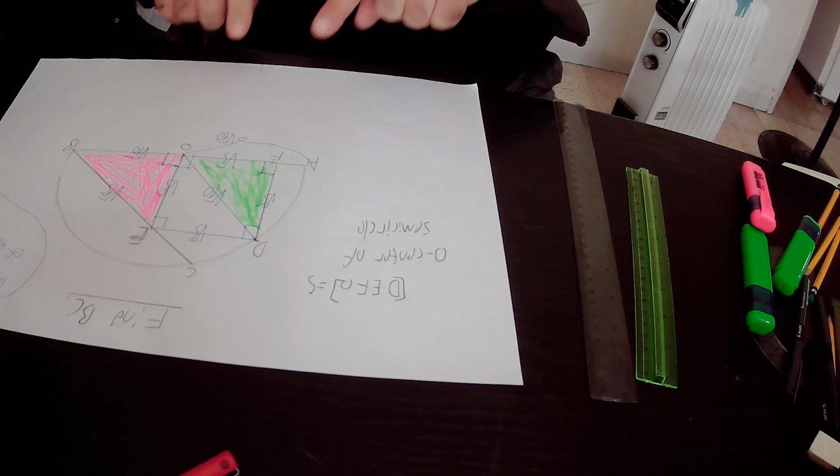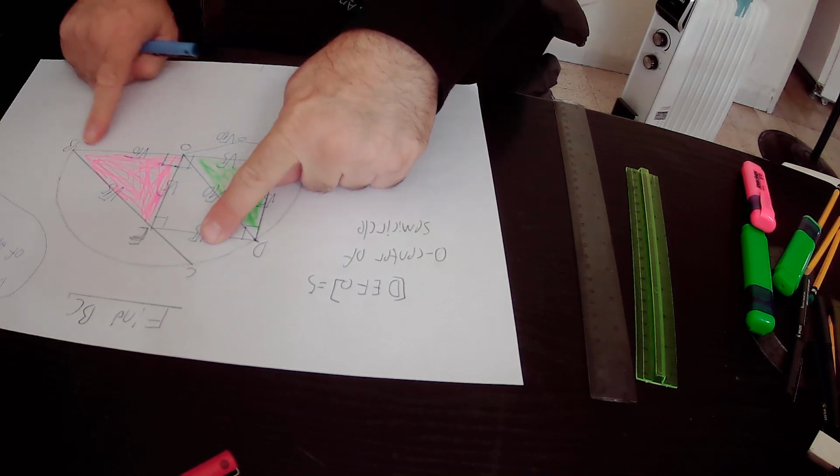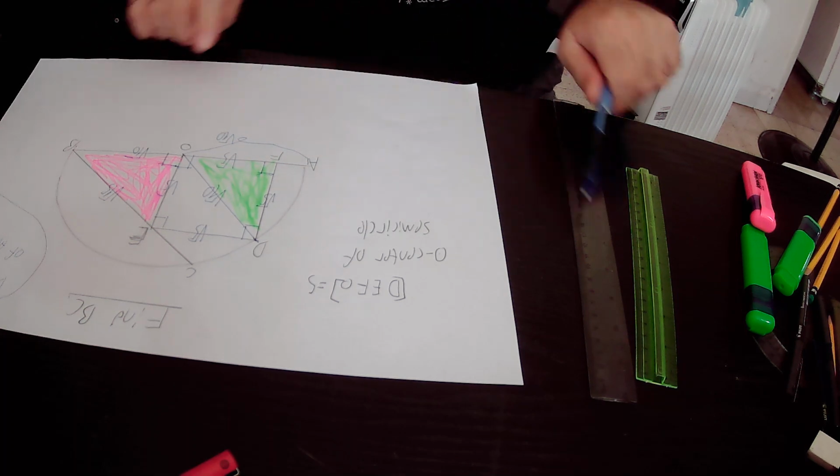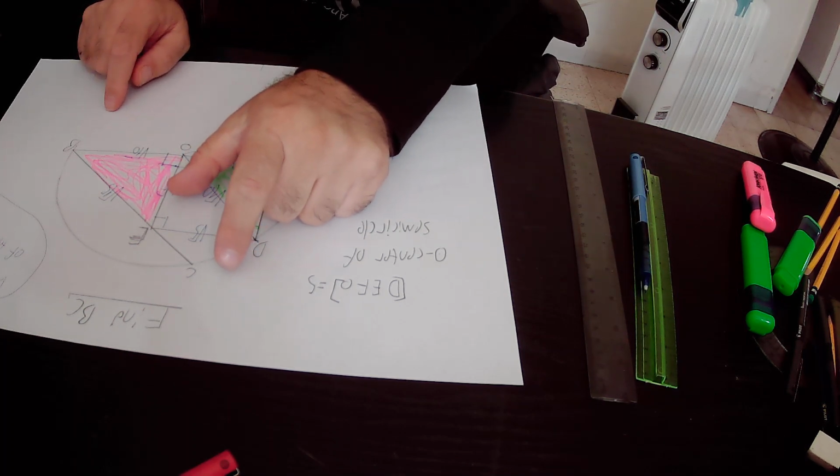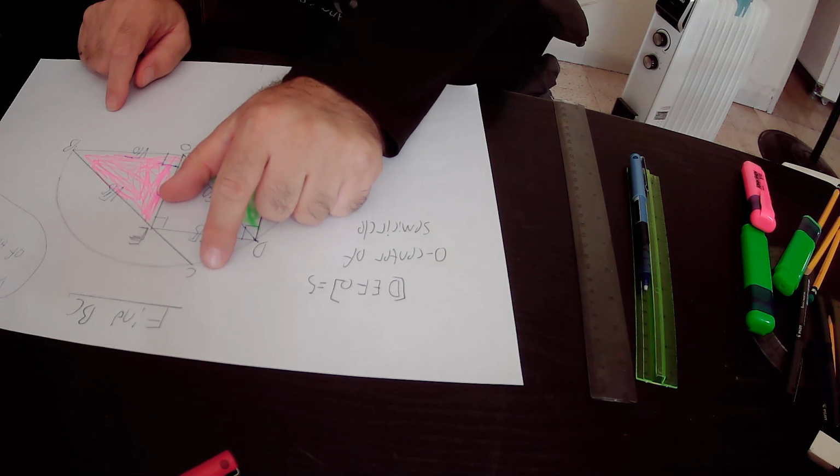Our mission is to find the length of this chord called CB. We have already found that EB equals the square root of 15 units. The only thing left to find is the length of line segment CE.